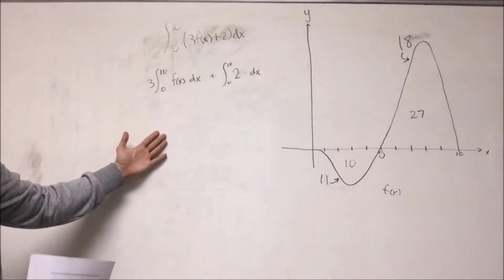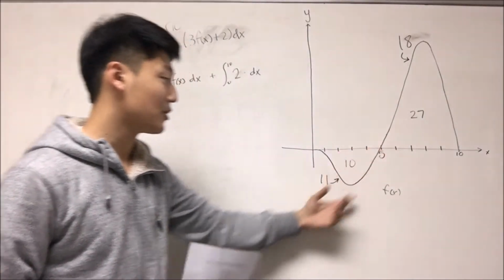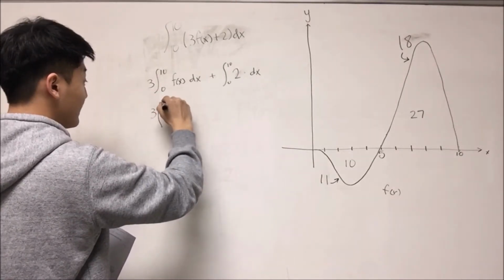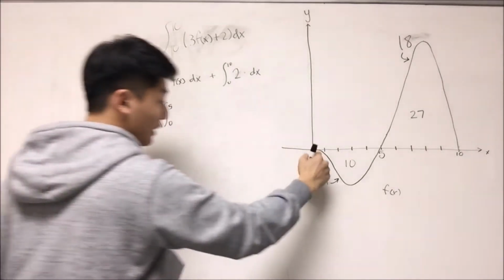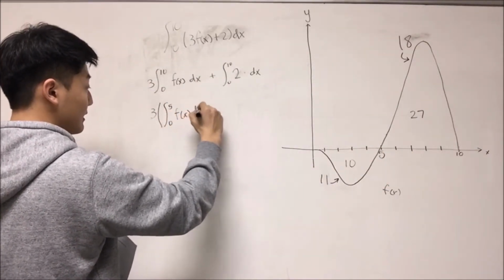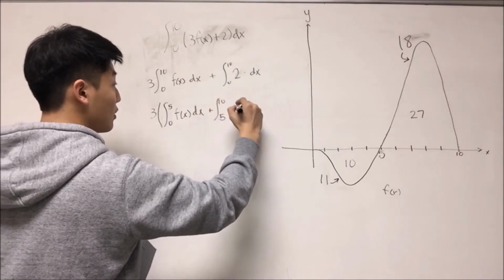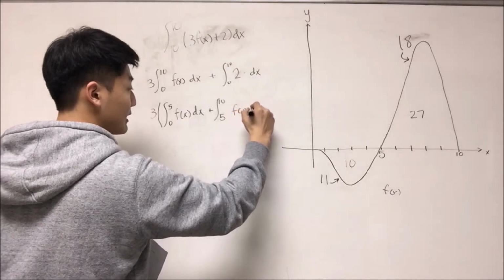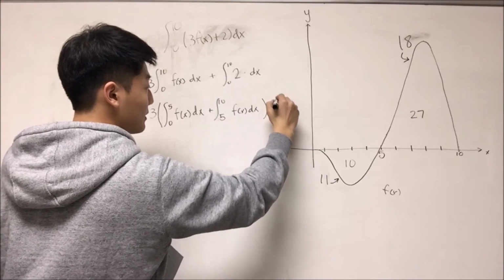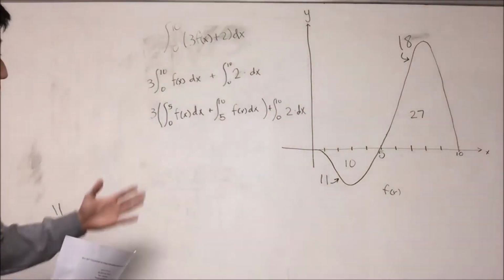The next step is, this is also confusing because it's 0 to 10 and one part is negative and one is positive. So it would be better to divide again: 3 times the integral from 0 to 5, which is given information, of f of x dx, plus the integral from 5 to 10 of f of x dx, plus the integral from 0 to 10 of 2 dx.